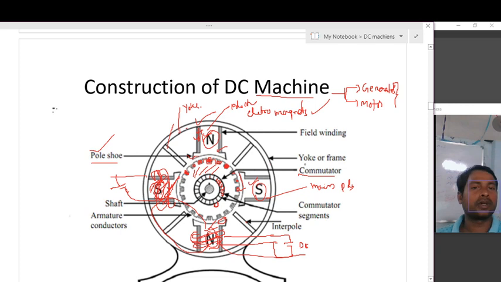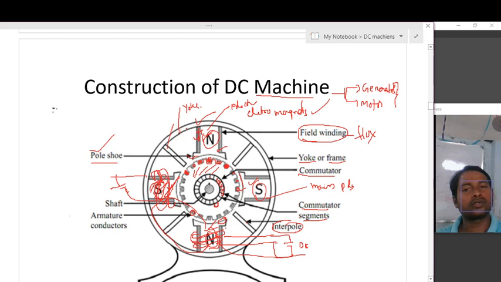This outer part is called the yoke or frame. This is the field winding which we place to produce the flux. These are the commutator segments where the current will be collected. Between the poles we should place the interpoles.